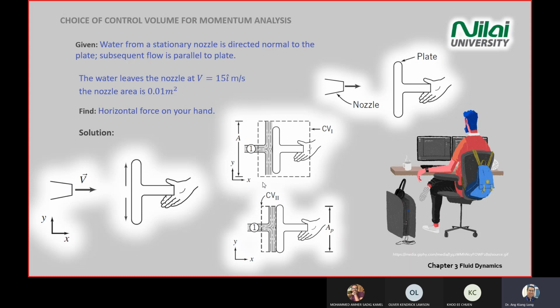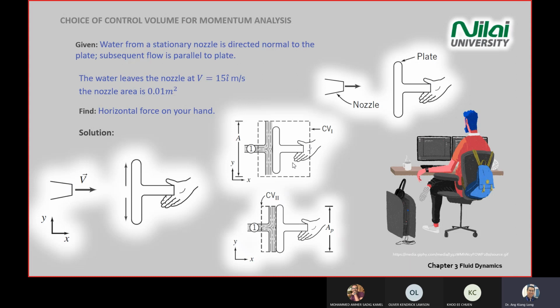I recommend the second one, but I still need to show you the first method so that you know there's an alternate method to solve problems. There's a difference between the control volumes that you choose; however, the final answer will still be the same.